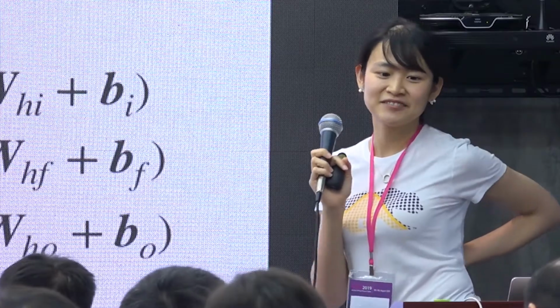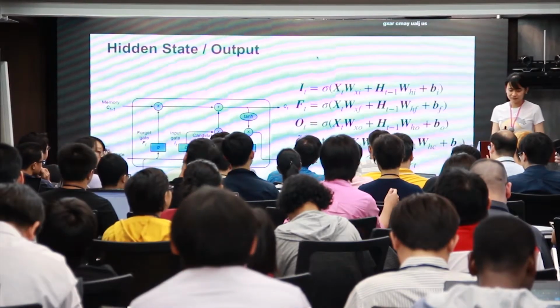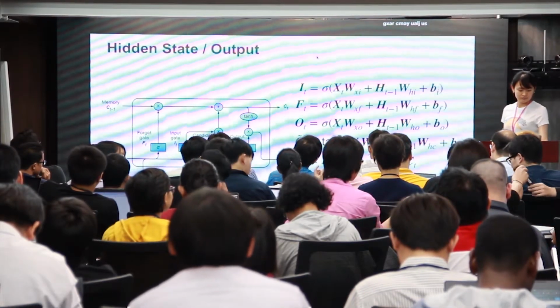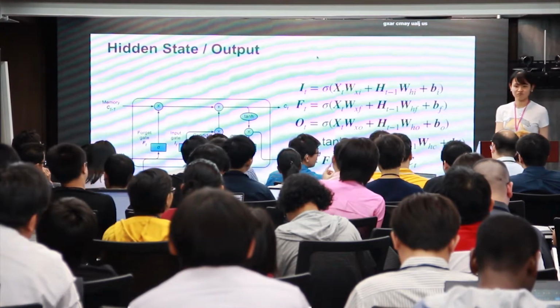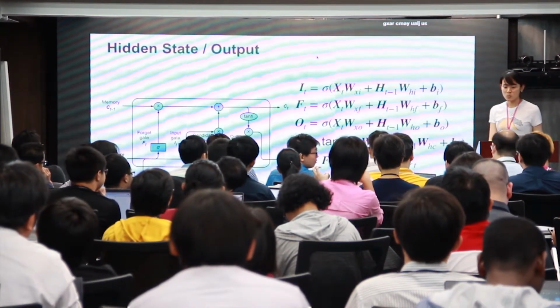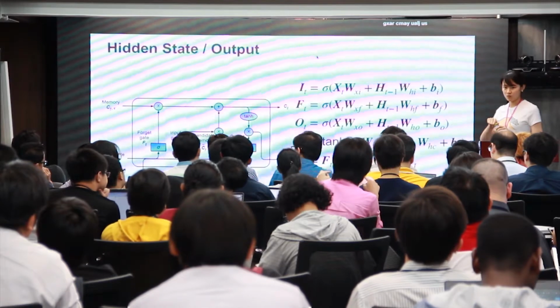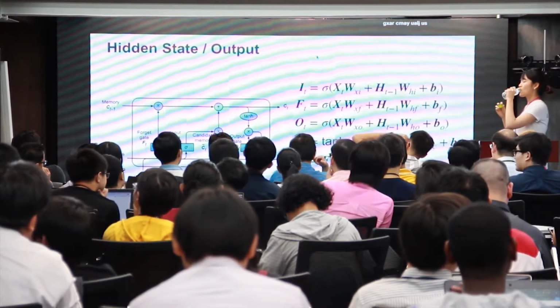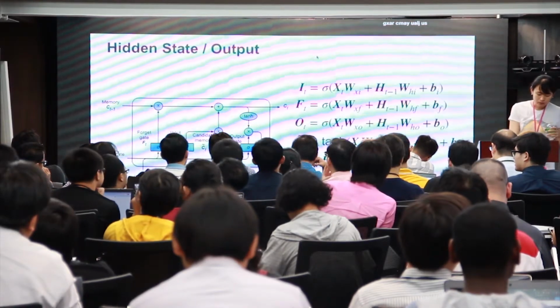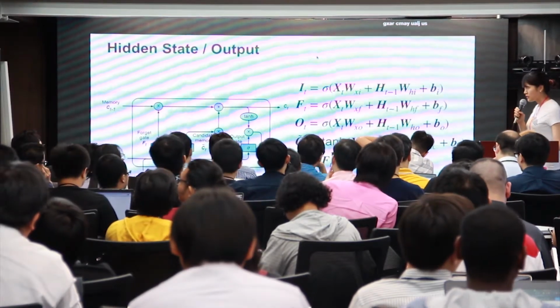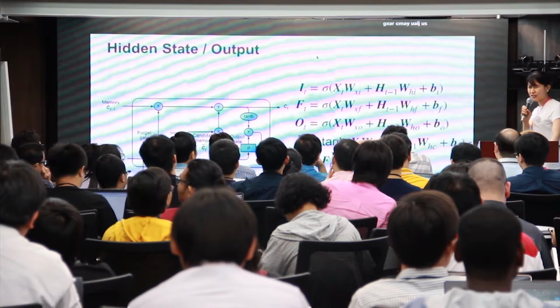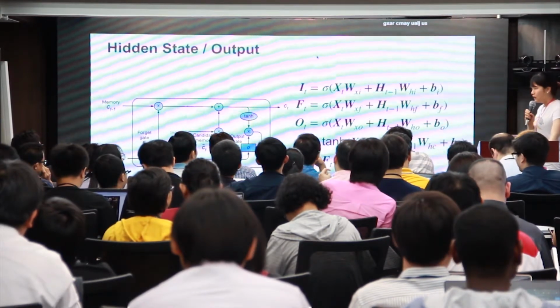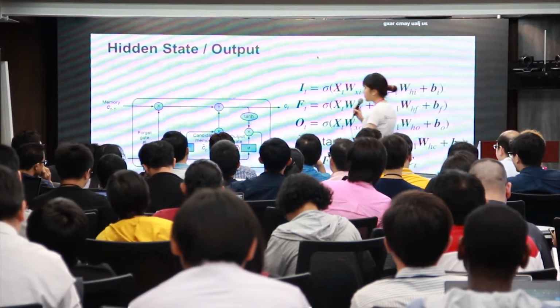Yes. I've seen your slide, and one of your slides mentioned a memory gate, right? But where is the memory gate in this chart? You mean the memory cell? Yes, the memory cell. The memory is not really a cell.